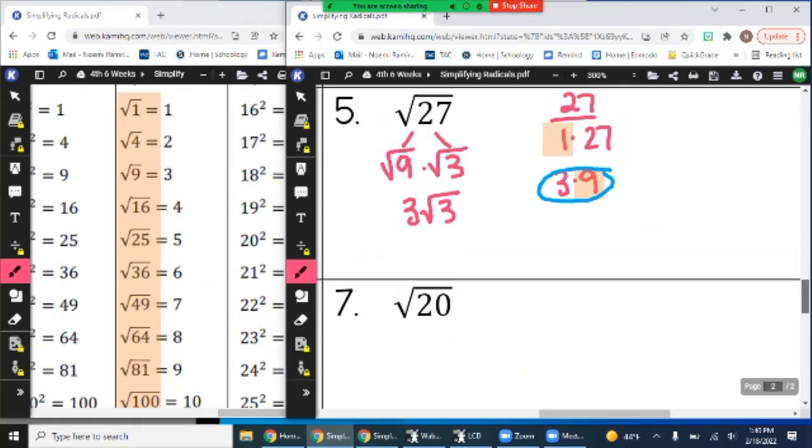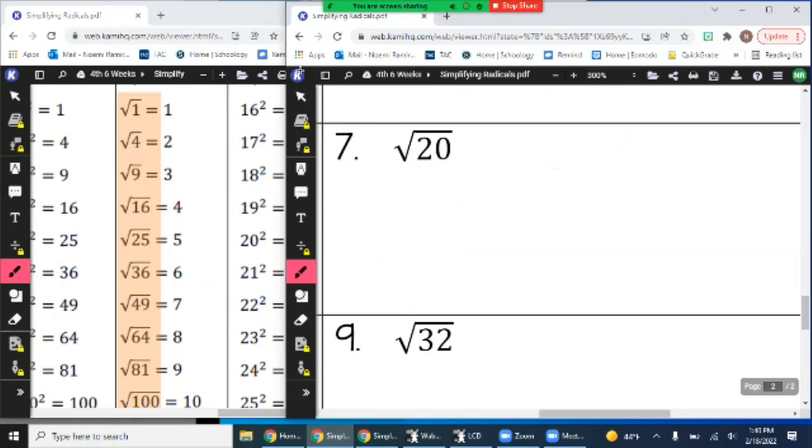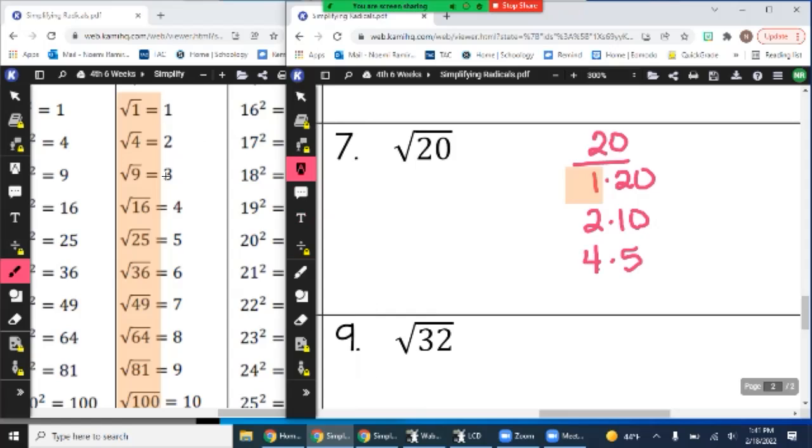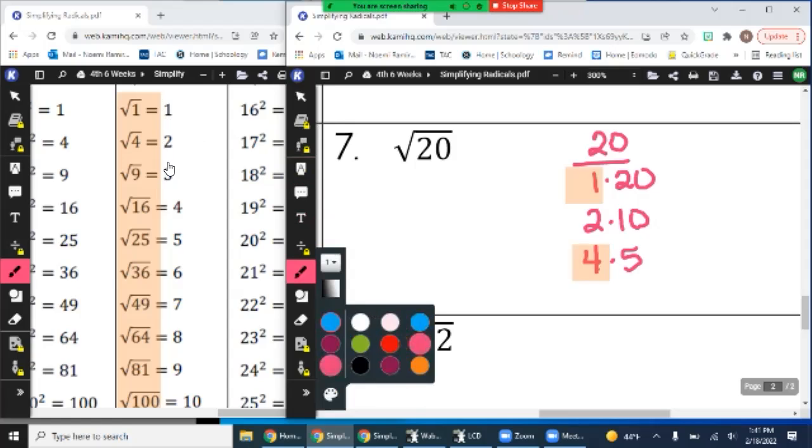Ready? Factors of 20. 1 times 20, 2 times 10, 4 times 5. Okay. So I know 1 is a perfect square. 4 is a perfect square.